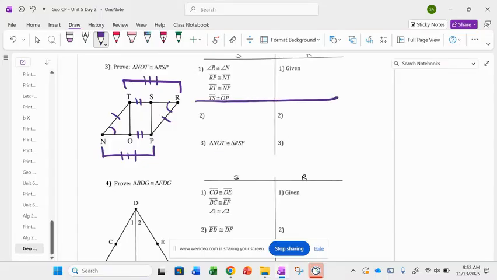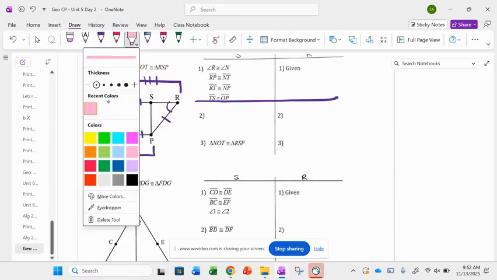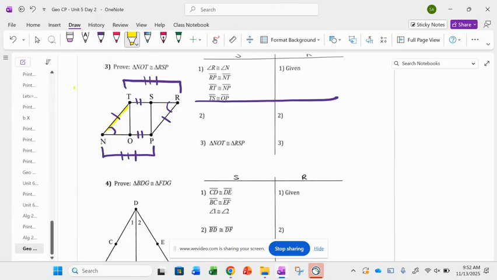And we're proving the triangles congruent. So we are proving triangle NOT, this yellow one, congruent to this yellow one. Now, I'm missing my second step here in this proof.